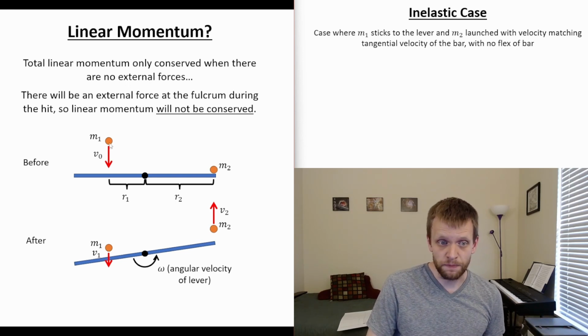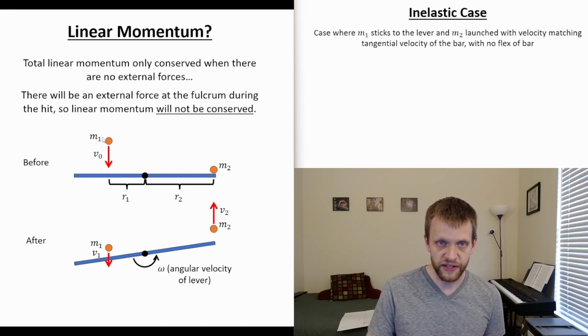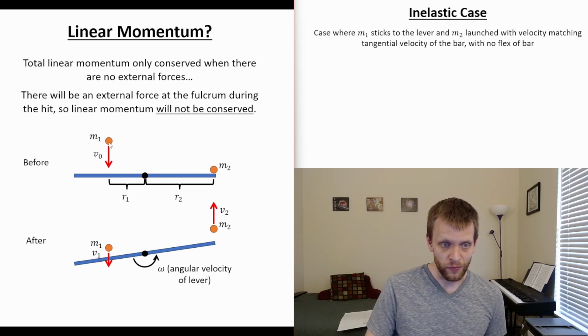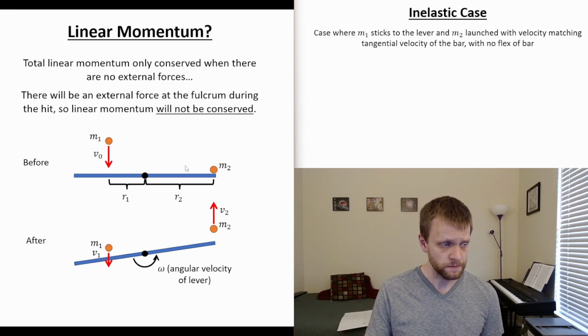And even more to the point, we've identified in previous videos that linear momentum depends on direction. This mass m1, when it hits the bar, is going to slow down. So not only is it losing some of its momentum, mass 2 is going to have a momentum going in the completely opposite direction. So we do not expect linear momentum to be conserved.